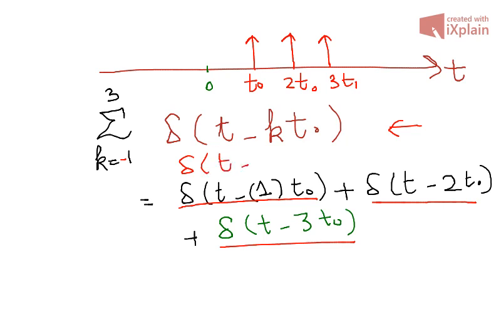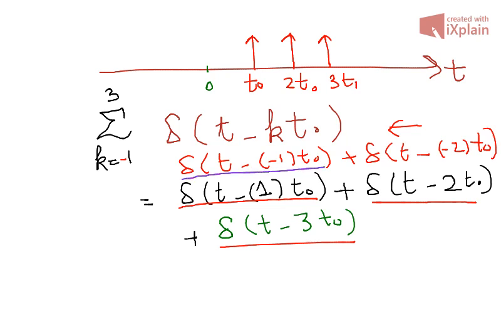It would be delta of t plus t naught, the first one, then delta of t for 0, not minus 2, it should be 0, then delta of t minus t naught.